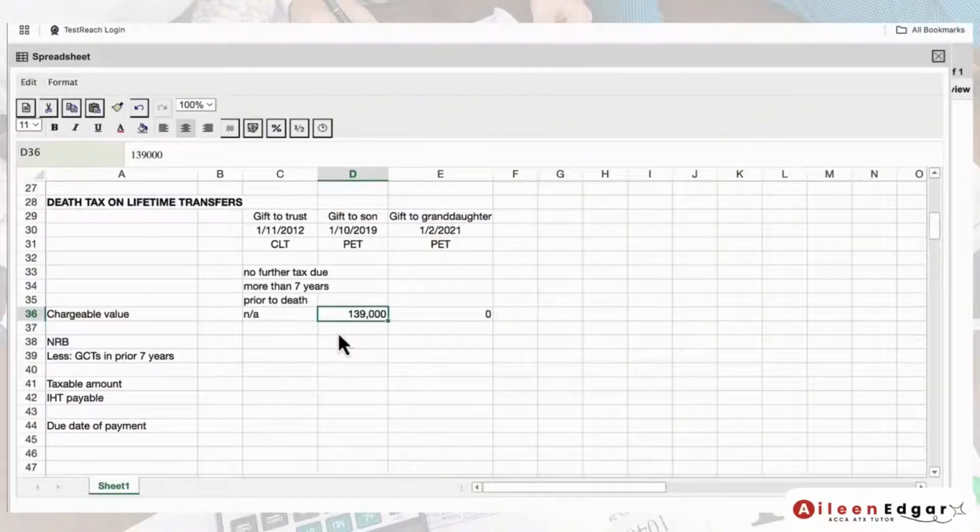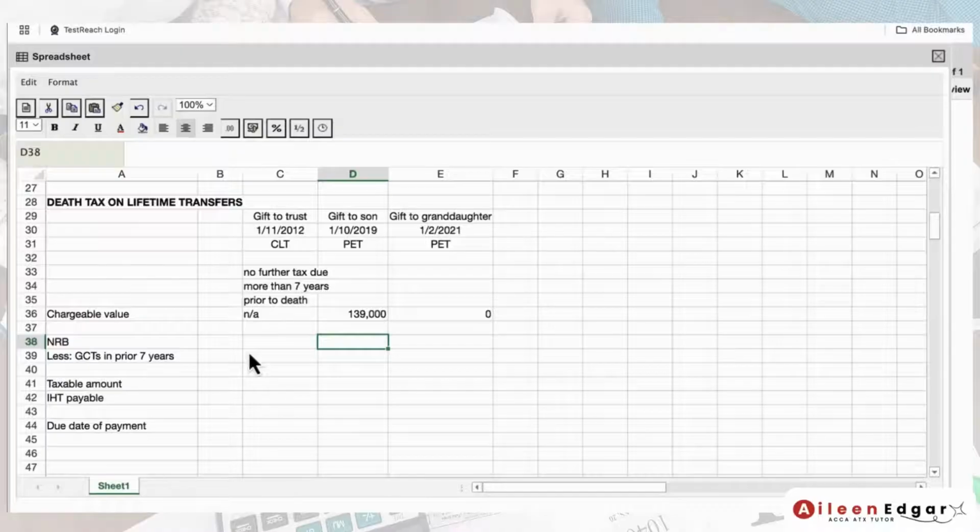So every time you're looking to see whether the nil rate band is available against a particular gift, you're having to look at the 7 years leading up to the date of that gift and seeing if there was anything else that happened in that 7 years that would have used up the nil rate band. So the nil rate band that applied in tax year 19/20, because that's where we are with the gift to the son, was 325,000. And that's going to be reduced by any chargeable transfers made in the prior 7 years.